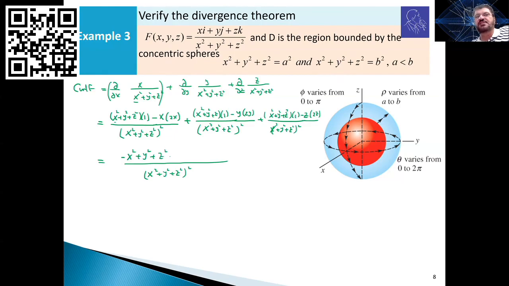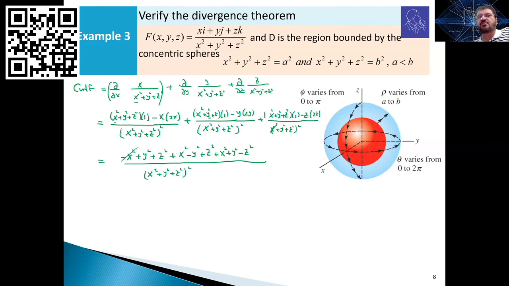Same thing here, plus, you look at this one, so plus x squared. Now y squared minus 2y squared is minus y squared plus z squared. Last one is x squared plus y squared. And look at this, z squared minus 2z squared is minus z squared.